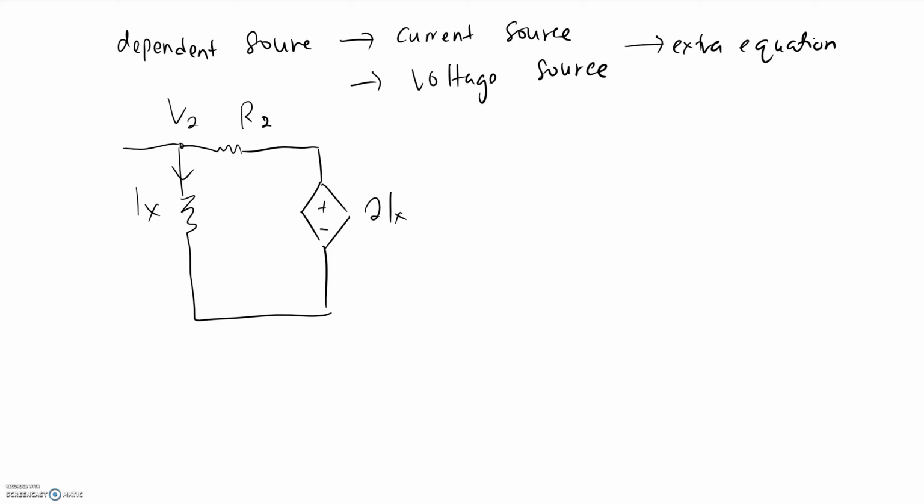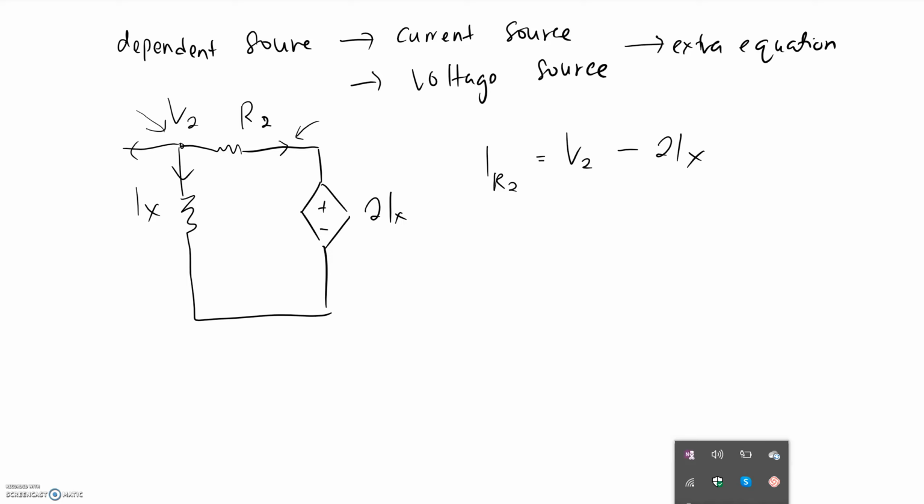What you have to do here is, for example, if you do a KCL at this node, okay, there are a lot of branches here. So I'm just considering the current at this branch. So the current at this branch, for example, IR2 is equal to, assuming that all the currents exit, so this one is exit, V2 minus 2Ix.